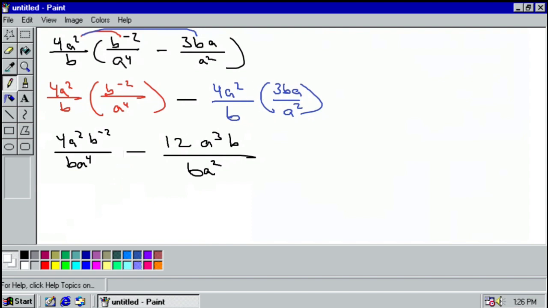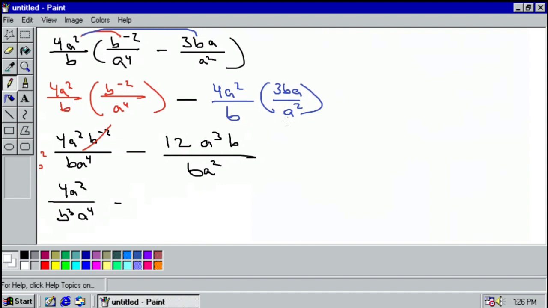So this will cancel, and we're going to put b squared on this part. So we have 4a squared. b squared times b is b cubed, and here in the bottom part we have b cubed, since we have this and this. Then copy a raised to 4.